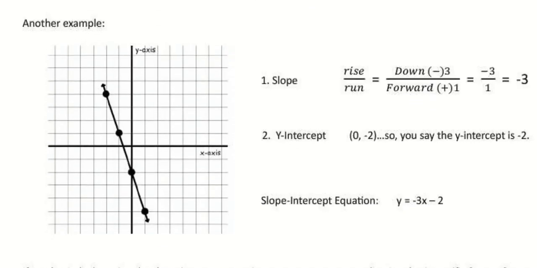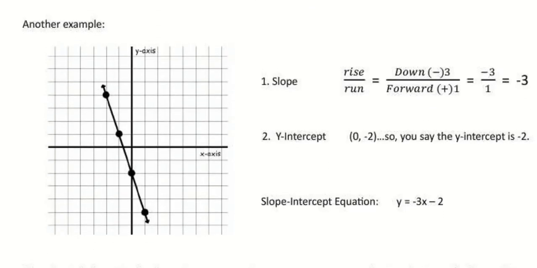Okay, so just to show you another example using a different line, this line is going down. So again, the first thing we're going to do is find that slope. So the slope is showing us we go down 3 spots and we go forward 1 spot. So I take that, rise over run, I put it -3 over 1, and I get a slope of -3. All right, so the next thing I do is go find that y-intercept.